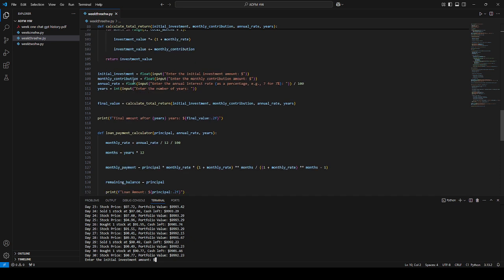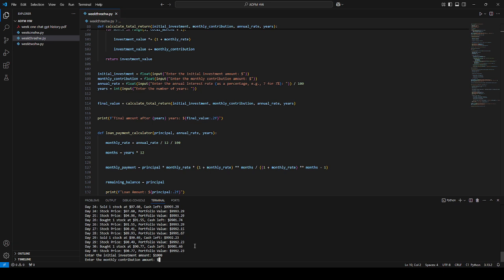And we want to have a user input for their initial investment amount, their monthly contribution, their annual rate, and the years. It'll spit out the final value, which we're calculating using the initial investment, monthly contribution, and the annual rate. It'll print out the final amount. So for initial investment, we'll do 1,000.